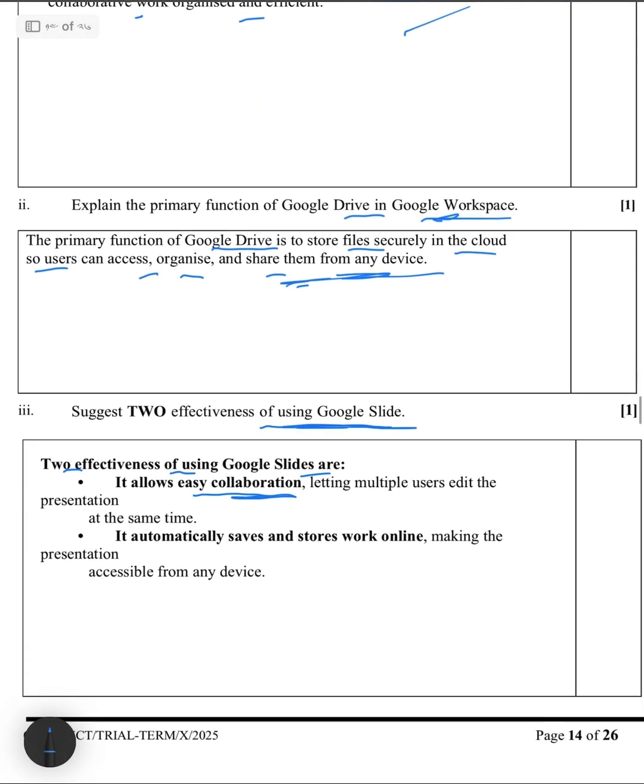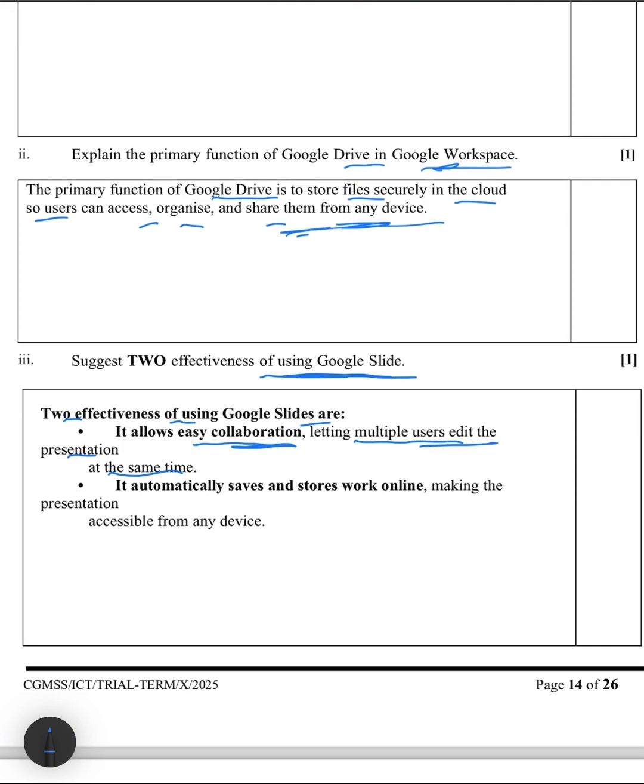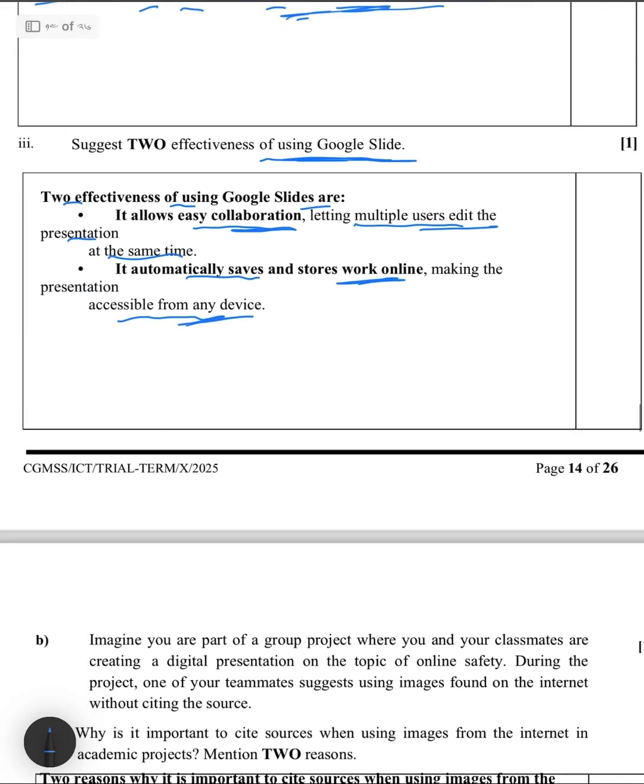It allows collaboration, letting multiple users edit the presentation at the same time, meaning the real time. It's talking about the real time. It automatically saves and stores work online, making the presentation accessible from any device. So that's it.